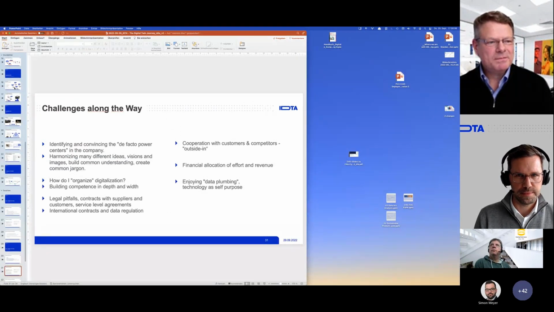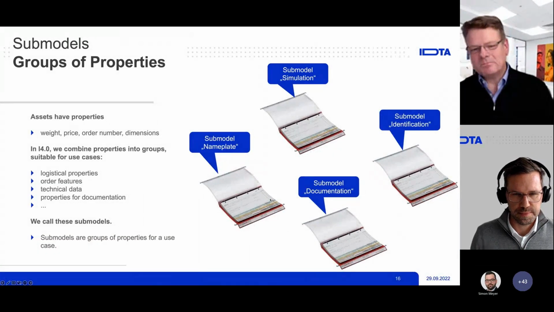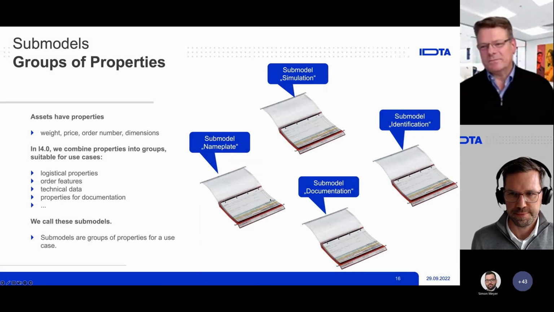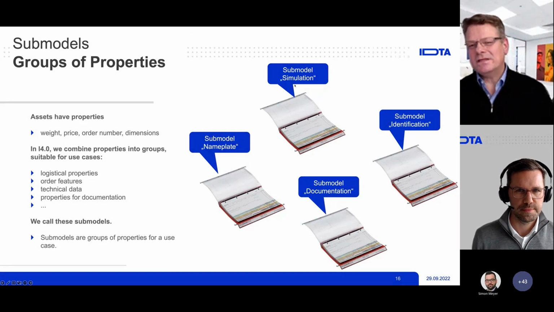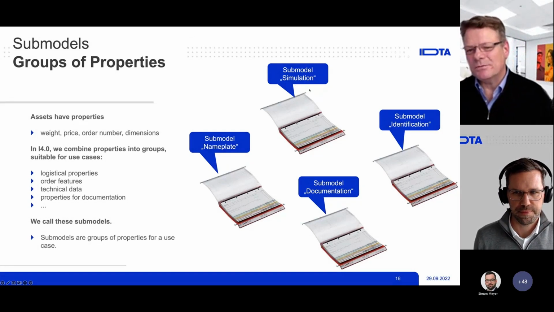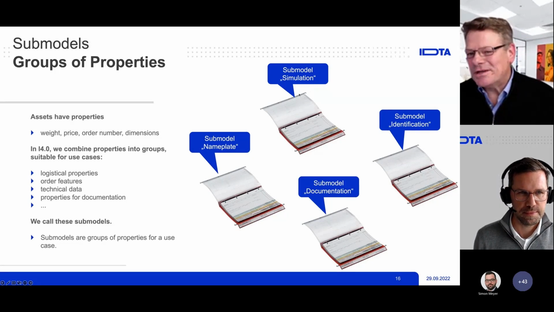Yeah, I was maybe a bit too fast with that. So it is hidden in the submodels. For example, you might have an asset where you don't really need the asset, you can just simulate it. So the complete behavior of the asset could be simulated in a submodel simulation.